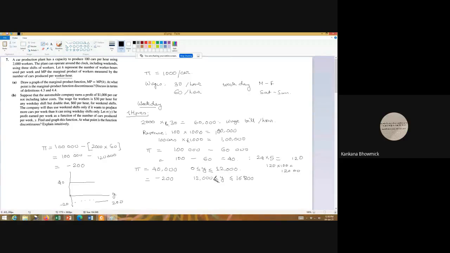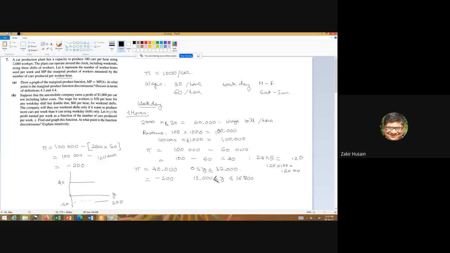Sir, I have a question. In the first step you have written 2000 into rupees 30, but if we consider the first part, didn't you say that the 2000 workers will be divided into 3 shifts? No, I said 2000 workers are being used in a shift.